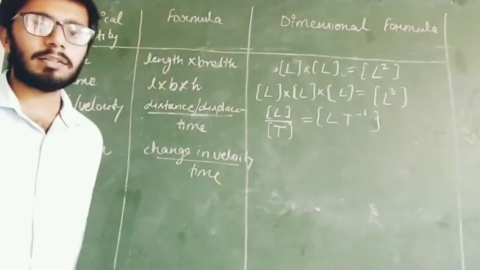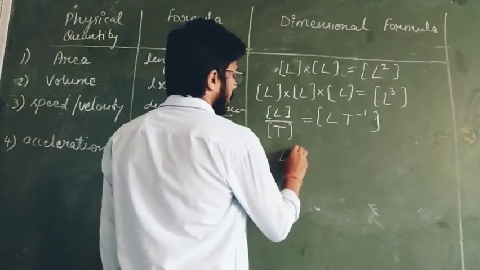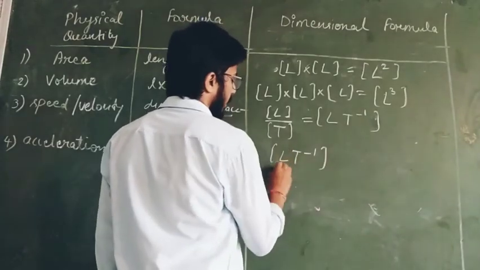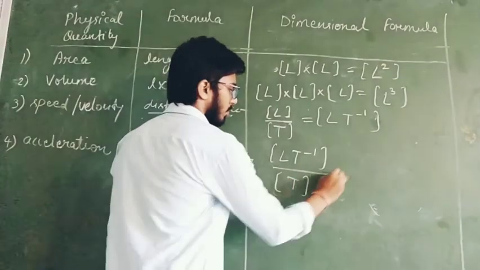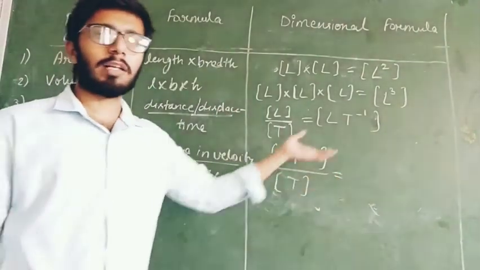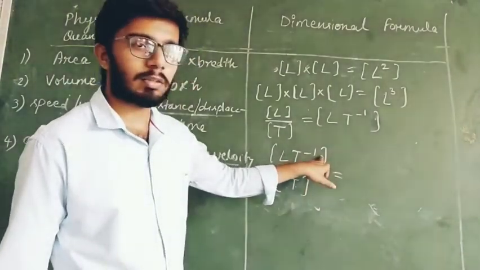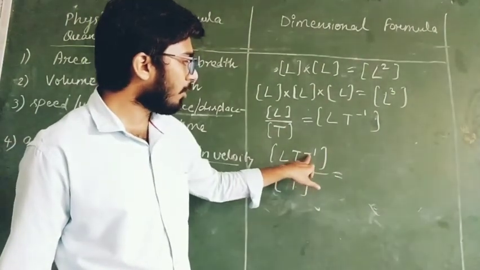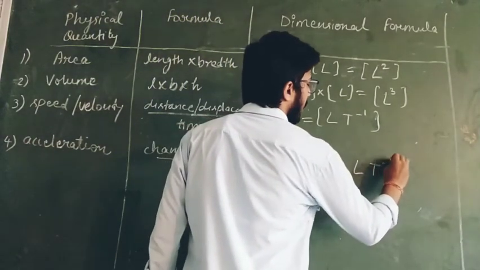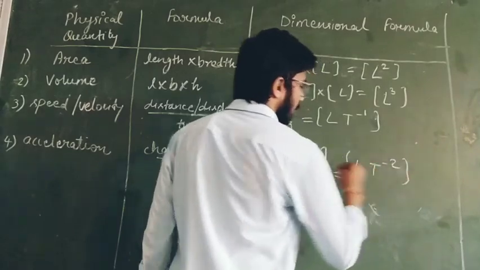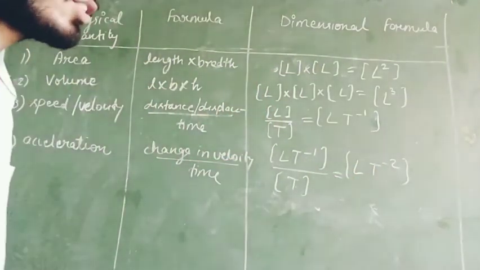For velocity it will be [LT^-1] upon time T. The time is in the denominator, so it comes to the numerator and the power becomes minus 1. So T to the power minus 1 will become minus 2. That means [LT^-2]. This will be the dimensional formula for acceleration.